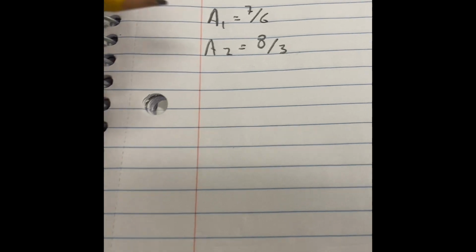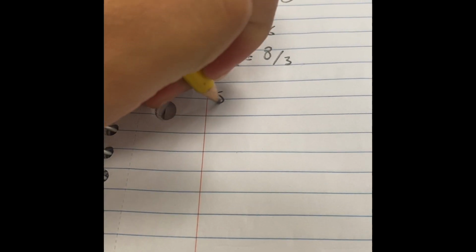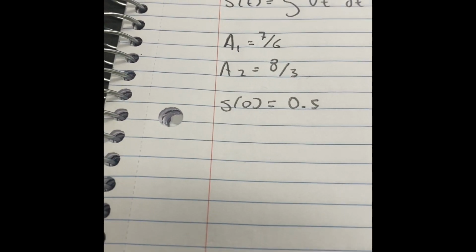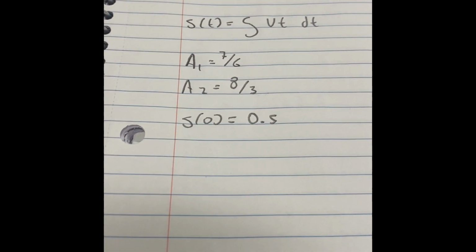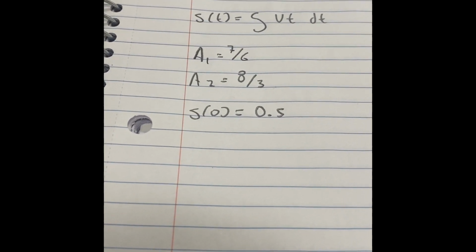For right now, we know that s of 0 is equal to 0.5 or 1/2, so that's our starting point.